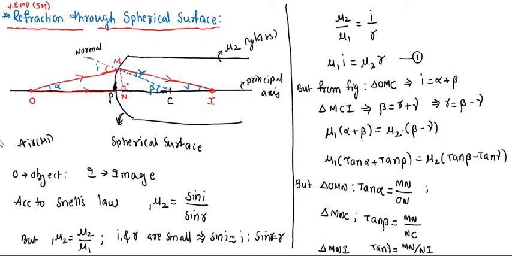Now I am going to rub this, and you take a screenshot and note it. I am going to rub, and this diagram is also important for us. In the diagram you see the object distance is OP, right? This is the object distance, and the image distance: from the pole to the object is u, the object distance, and pole to image is the image distance.